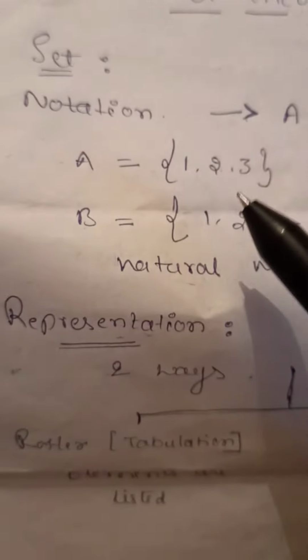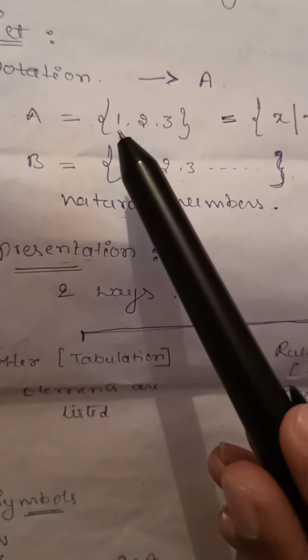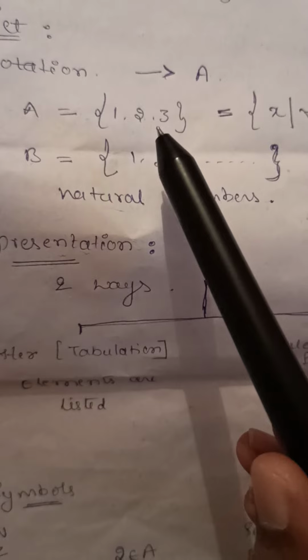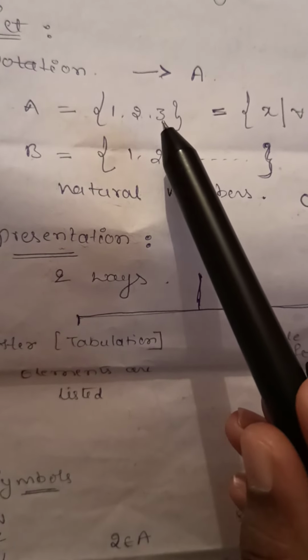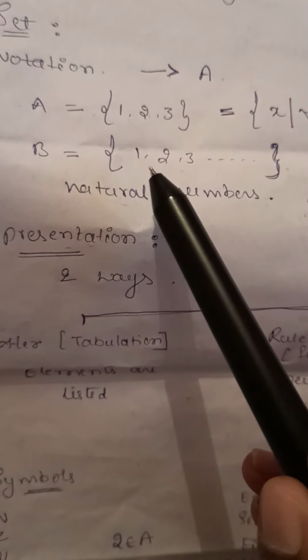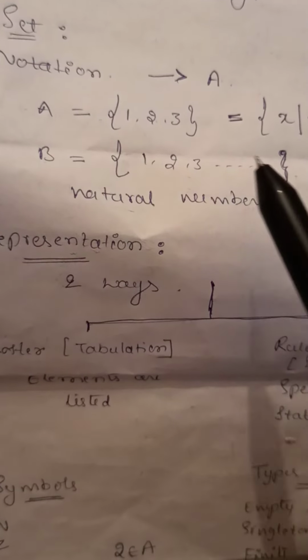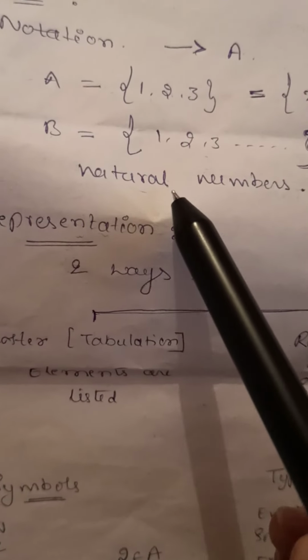You can see in these examples. See, in this example, this set has only 3 elements. Order of A is 3, which is finite. So this is an example for finite set. See this example. Here, this set has infinite number of elements and order of B is infinite, and this is an example for infinite set, right?